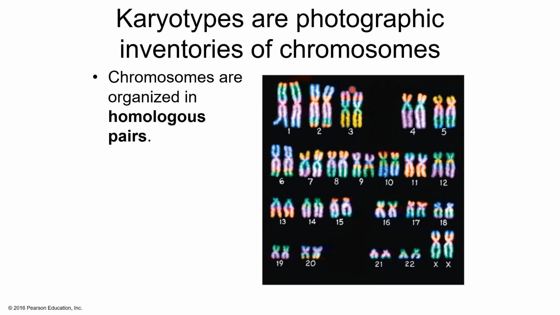So this karyotype right here, as you can see, first of all, can tell you if there is any problem with the number of the chromosomes being carried. And you can tell that just by looking at it and seeing if the individual has 2 copies of each chromosome. If you notice that they have extra copies of a certain chromosome, or if they have fewer copies, then that would indicate a genetic problem.